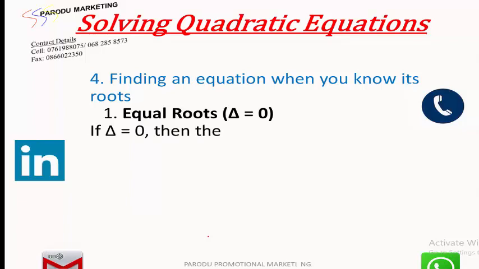If the discriminant (Δ) is equal to 0, then the roots are equal, right?